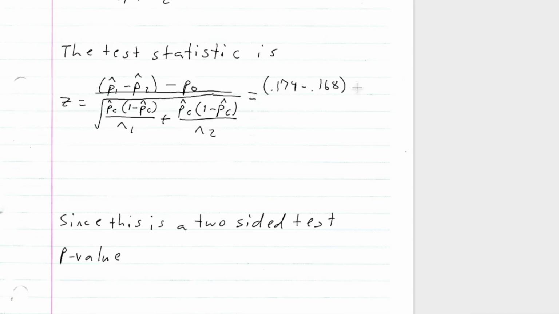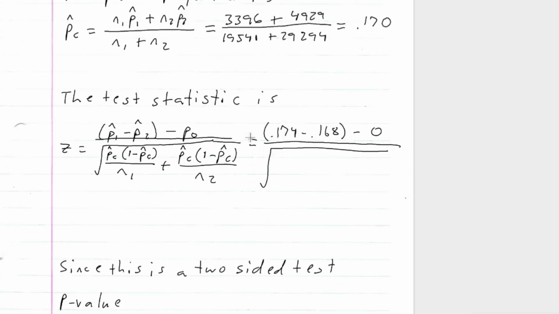Our null proportion was 0, and that's all over the square root of our pooled proportion, 0.17 times 0.83 over n1, which was 19,541, plus 0.17 times 0.83 over 29,294. And then if I do this calculation, this will give me 1.73.